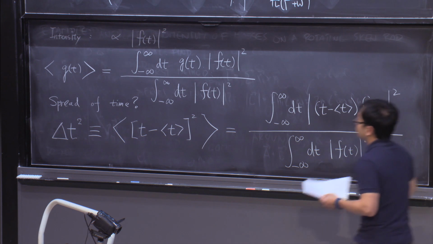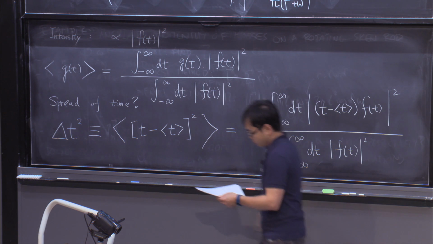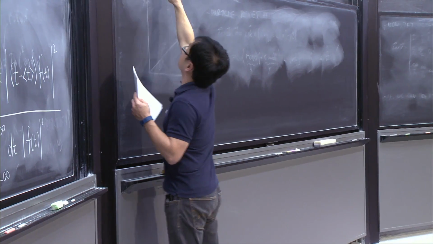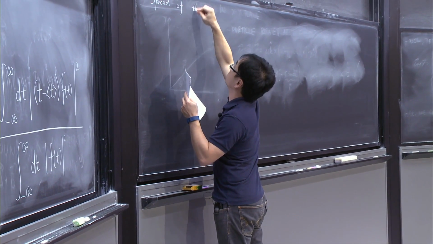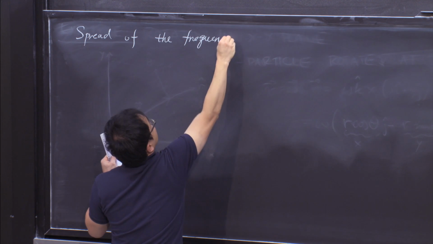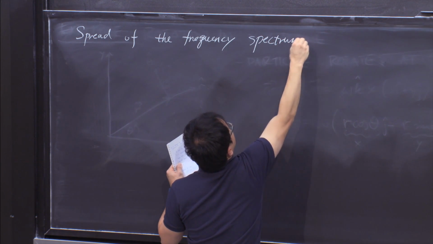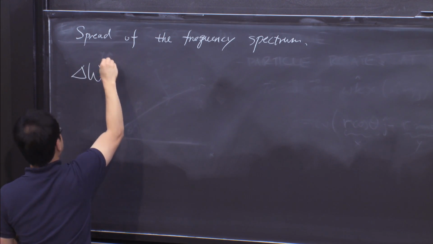And I can also do a similar exercise for the frequency space. So basically, I can define the spread of the frequency spectrum, and I define it to be delta omega squared.